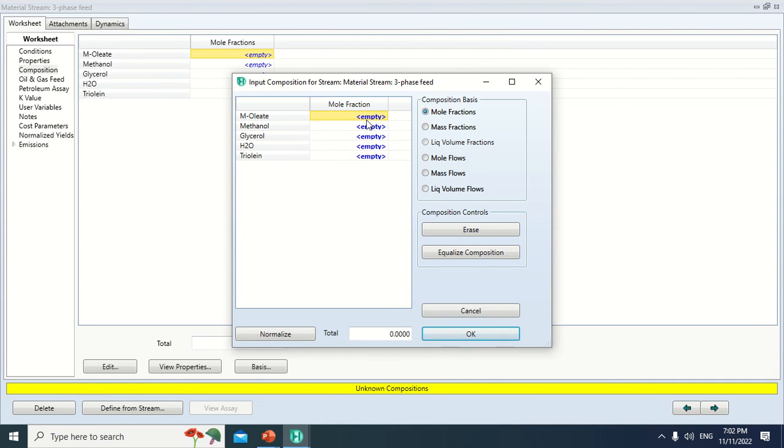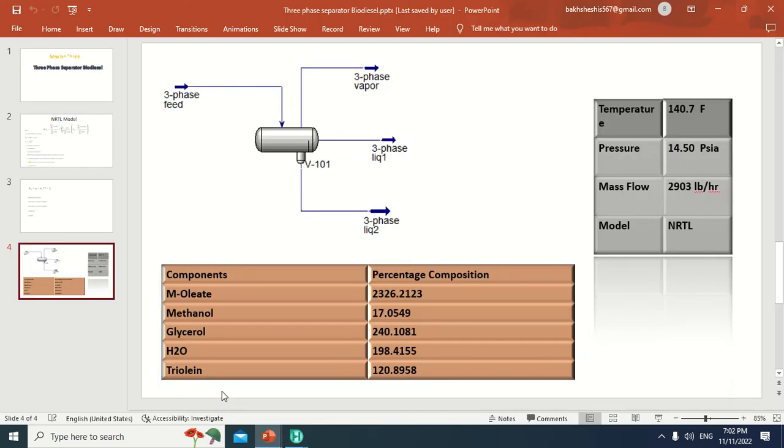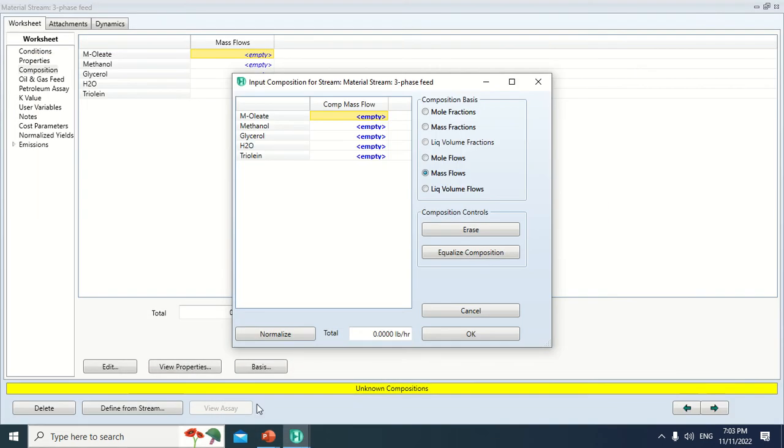Edit. Yes. I choose mass flow for this simulation. And now enter the numbers, enter the percentage composition. Look.